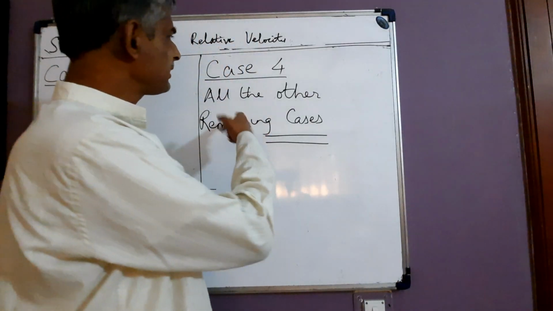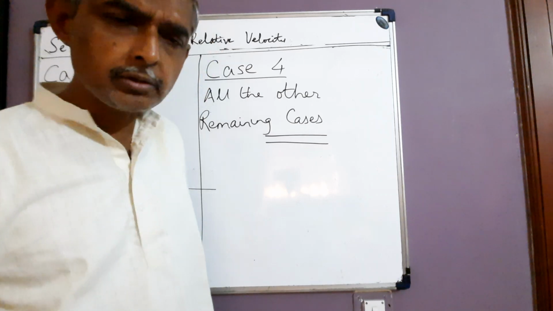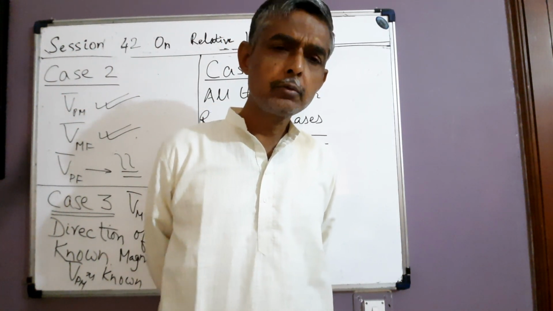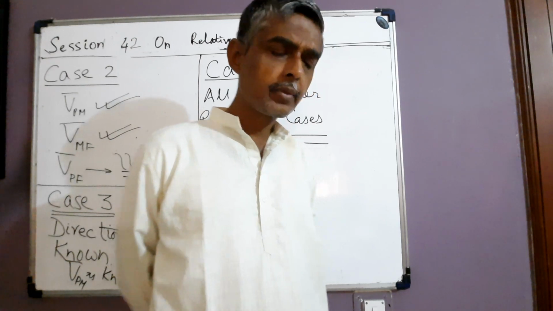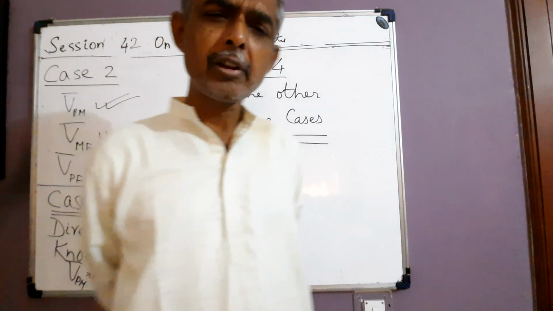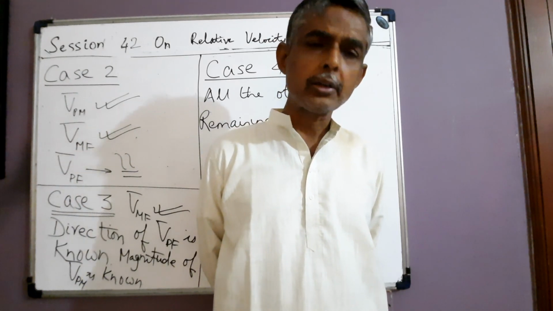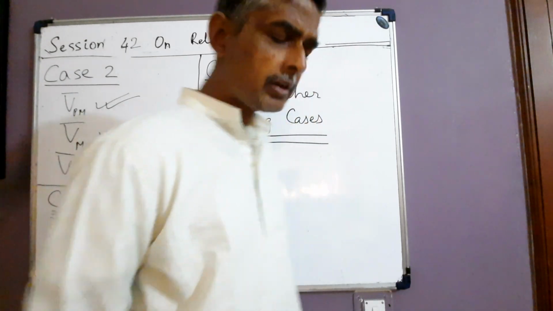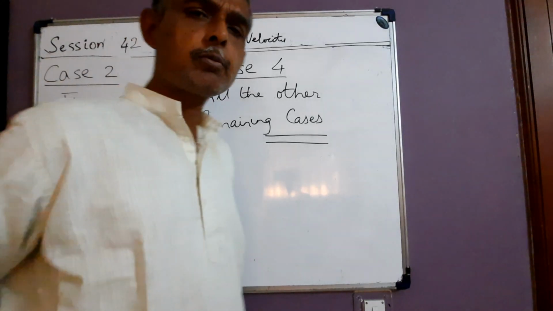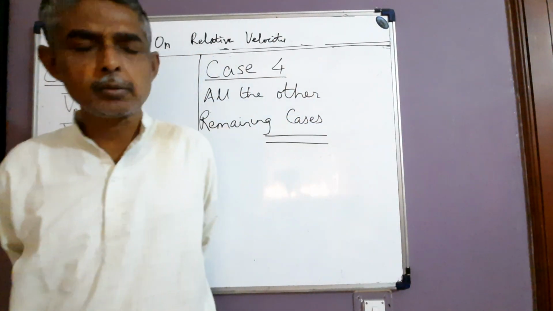But in case 4, nothing definite can be said. You have to read the question and then decide how to solve the case 4 problem. I'll demonstrate the procedures in the examples that come. In this video, we'll take up numerical problems on case 1.